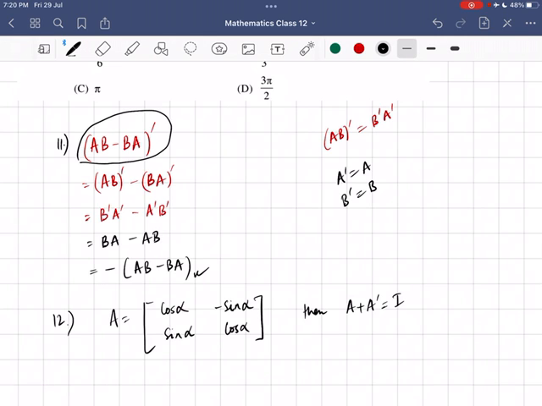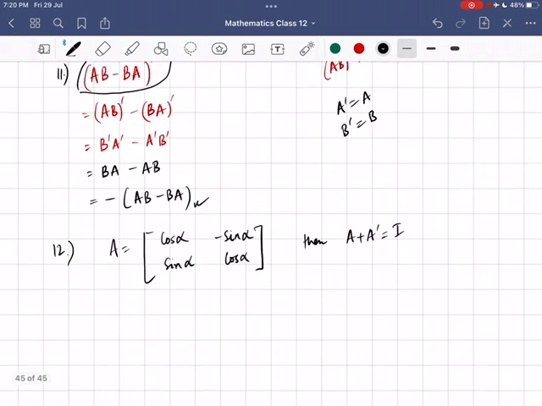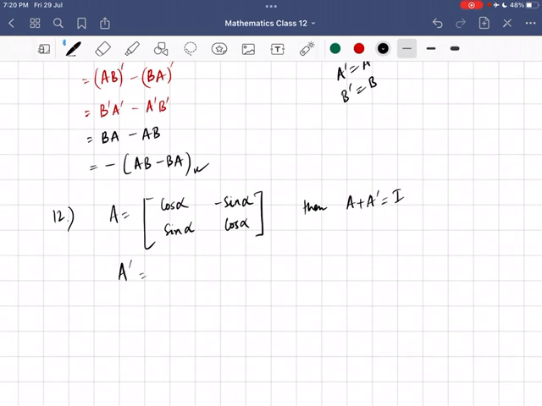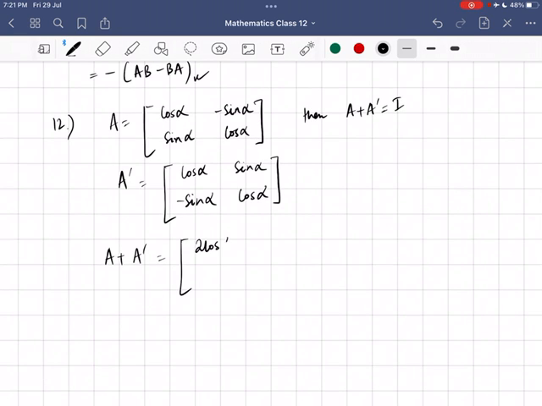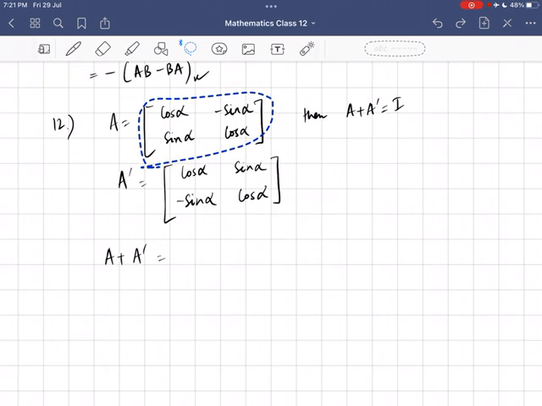The first thing, let us find out A transpose. So A transpose is equal to what? It is cos alpha, minus sin alpha, cos alpha. Okay, now add them up. So if I add A plus A transpose, that will become what? Let me write those like this.